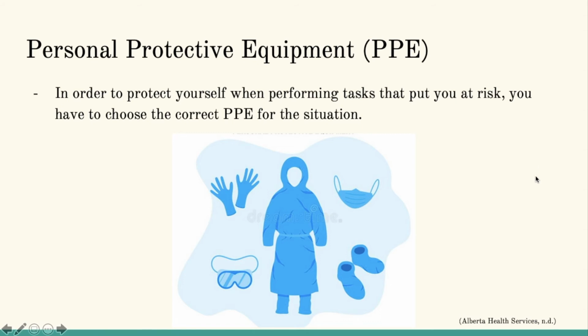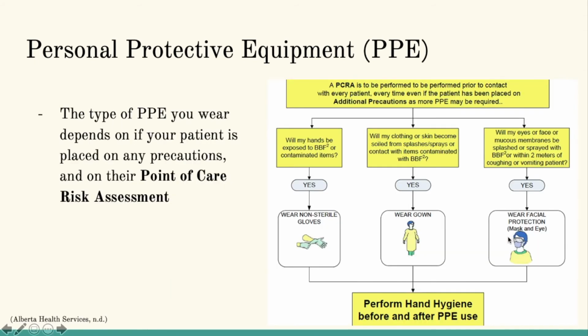You have to understand what task you're doing and what PPE is needed for that individual situation, and if the patient's on any precautionary measures. So the type of PPE you wear depends on if your patient is placed on any precautions and on their point of care risk assessment.